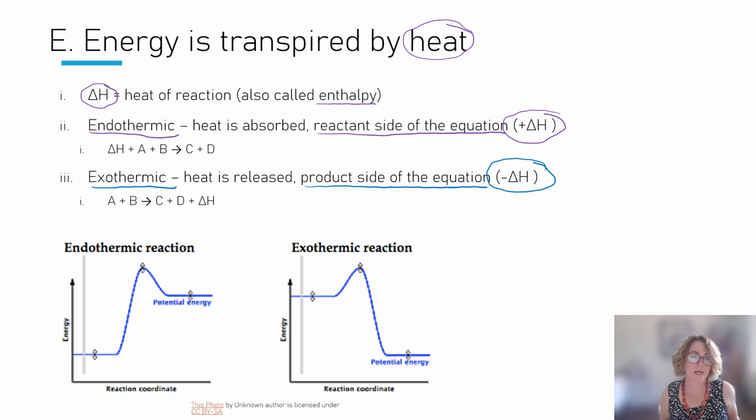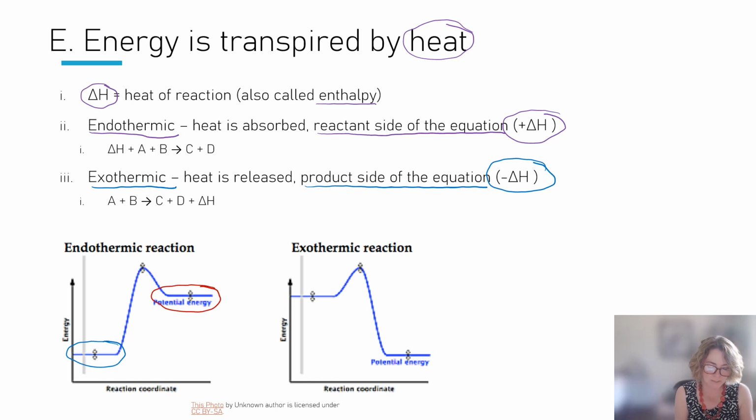Now we can also tell if a reaction is endothermic or exothermic by looking at the energy diagram. So here in this first picture, your reactants start off at a relatively low energy and your products end up at a higher energy.